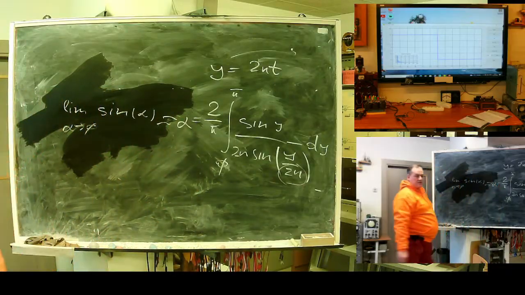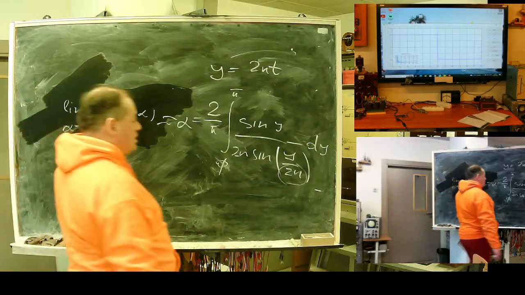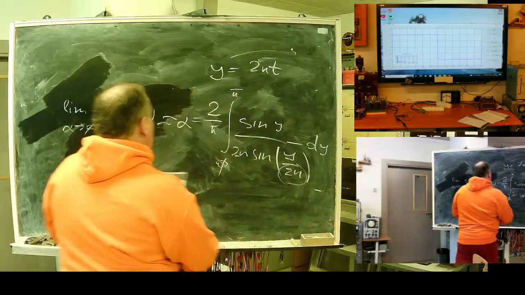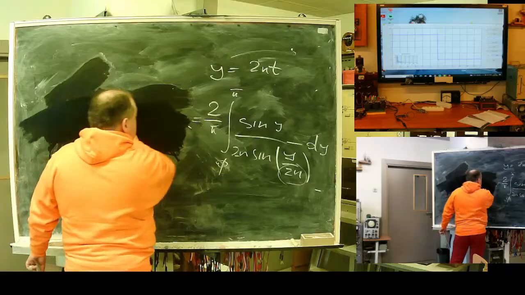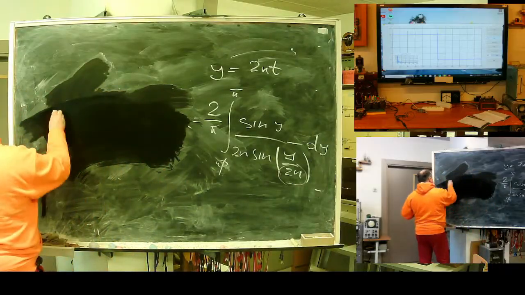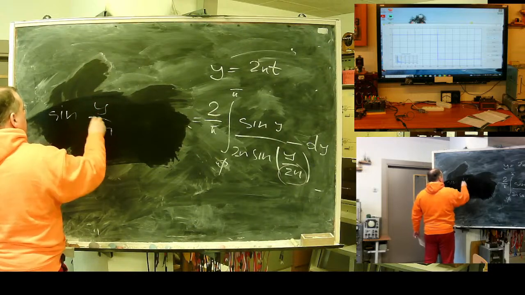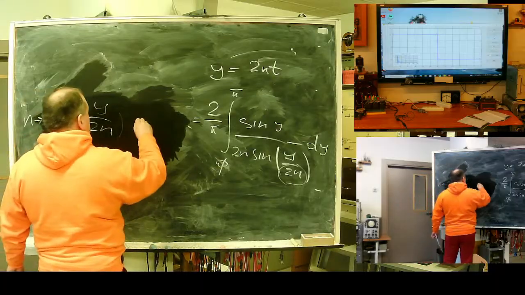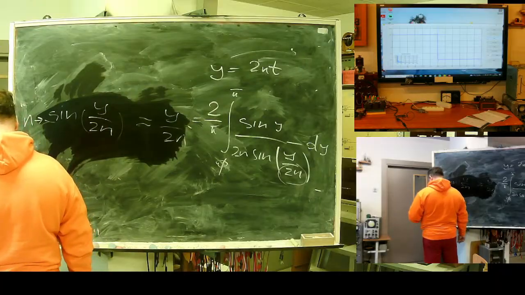For small angles, the sine of an angle can be substituted with the angle value itself. For a long series, this goes towards 0, and we can substitute sine of y divided by 2n, when n goes to infinity, by y divided by 2n.